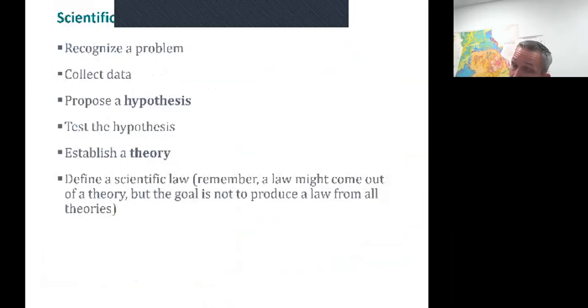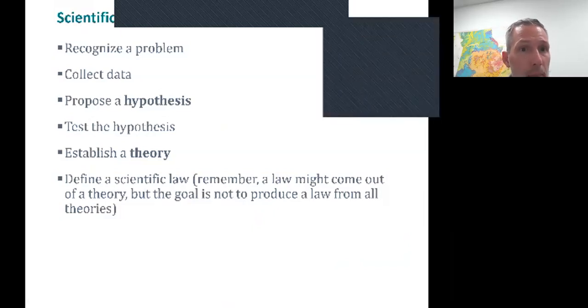The first step in the scientific method is to recognize the problem. The second step is to collect data and use that data to formulate a hypothesis. This hypothesis has to be something that can be tested.